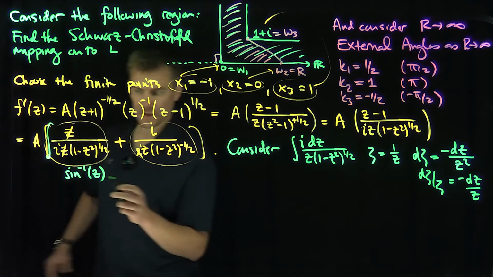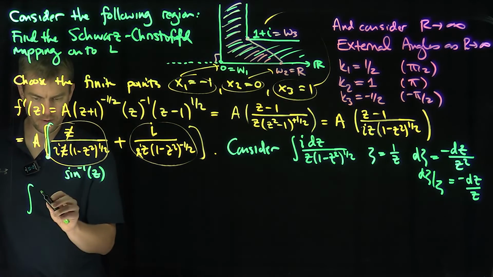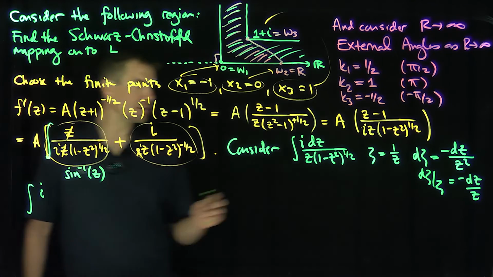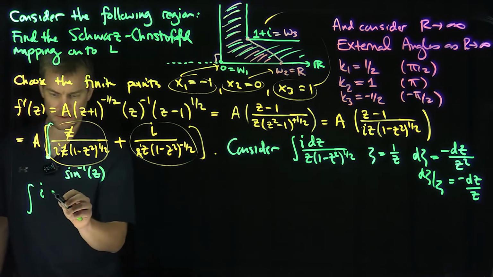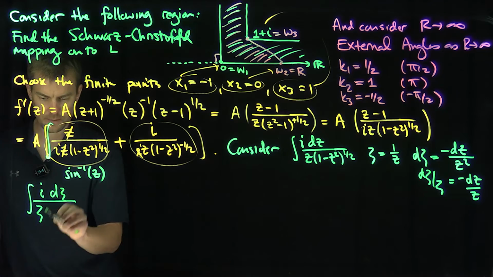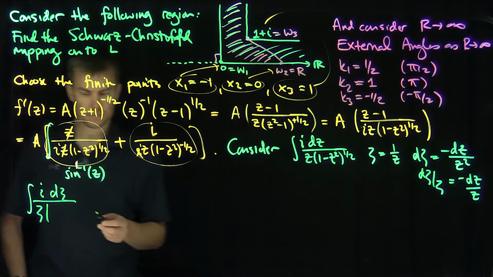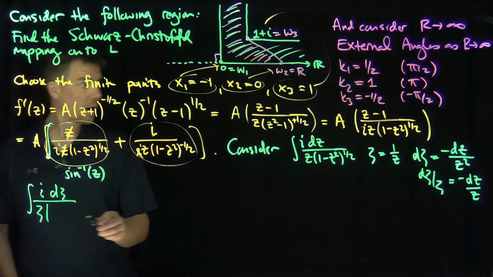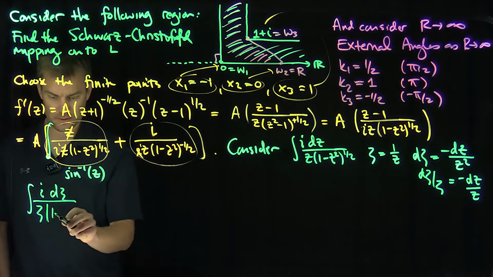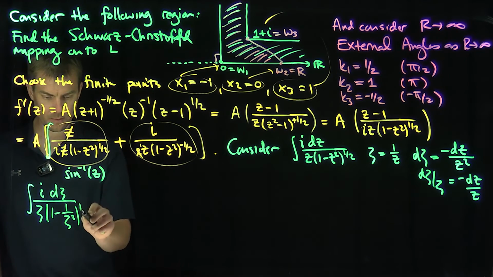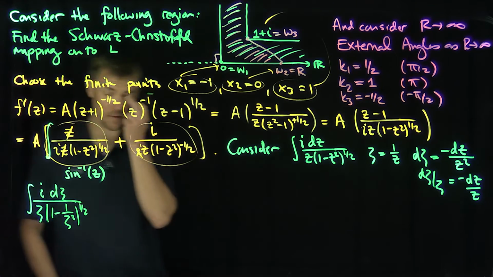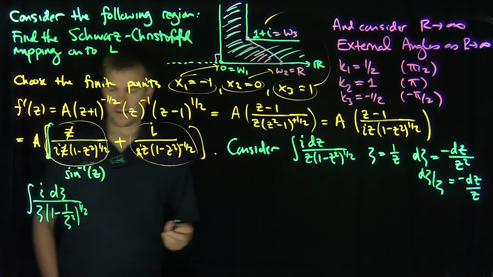So now, what does this integral give us? This integral is going to give us the integral of i, and I have a dz over z, but that's the same as negative d zeta. That's a d zeta over zeta. And then we have a 1 minus 1 over zeta squared to the 1/2 power. Okay, good. And I needed one more negative.